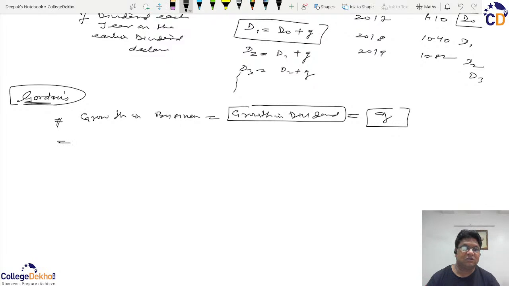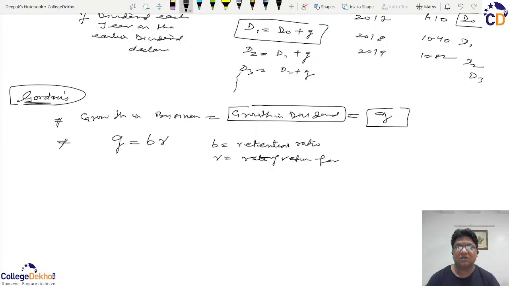Now they also assumed that this growth rate will be equal to the multiplication of B and R, where B denotes the retention ratio, and R is the rate of return for the company as discussed in the Walter model.